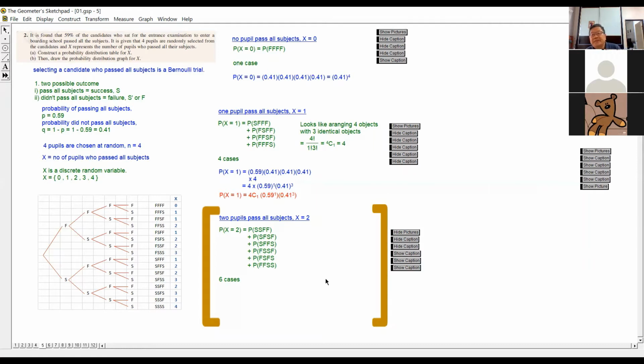Two successes and 2 failures, so 2 identical objects and the other 2 identical objects.